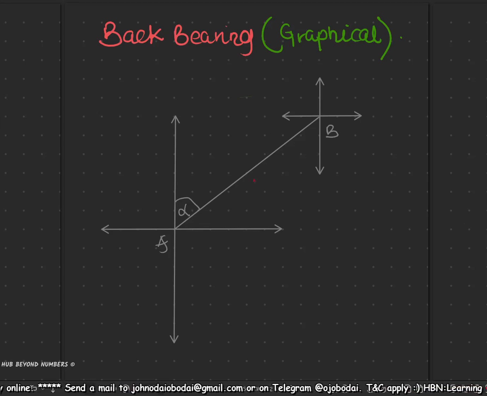When we talk of back bearing, let's say you have this point A over here, right? And you have this point B, and its bearing from A is this angle over here. So you are going somewhere and you wanted direction to that place. You were to incline your car or whatever you are using to move at this angle.